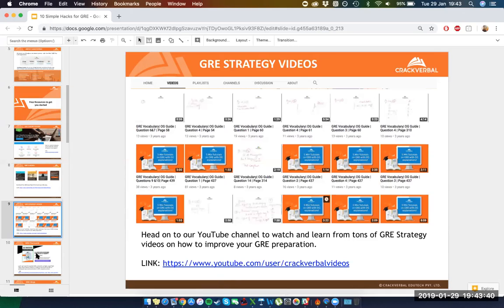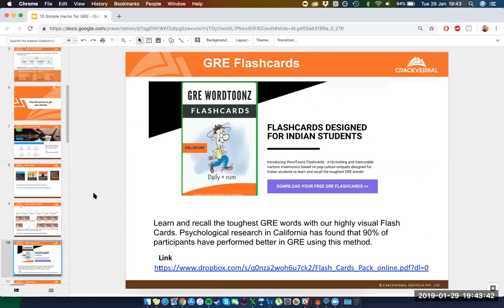We also have flashcards, a series of 500 different words in which we not only teach you what the word means, but we use it in a scenario where you can relate to it with a situational as well as a visual cue.